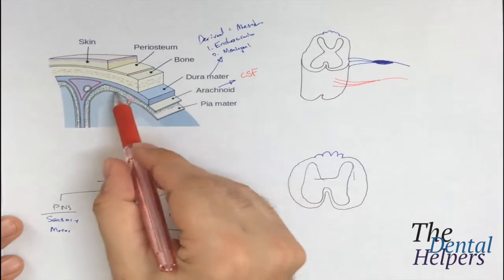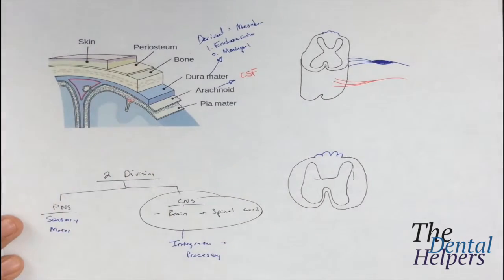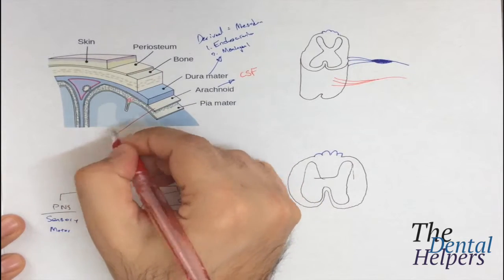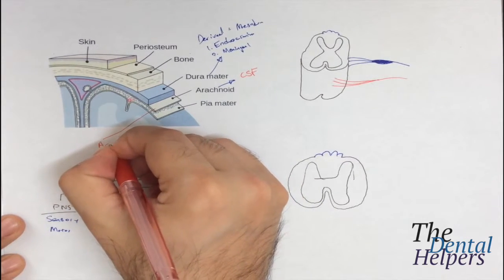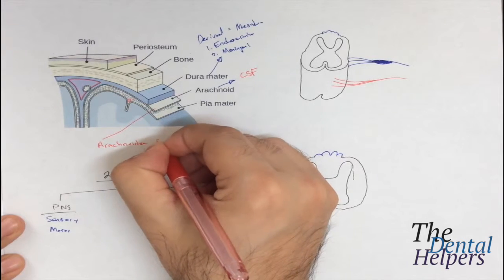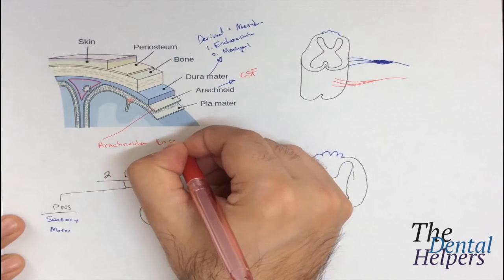And so, since this is around the brain, the one that's around the brain is called the Arachnoid encephali.